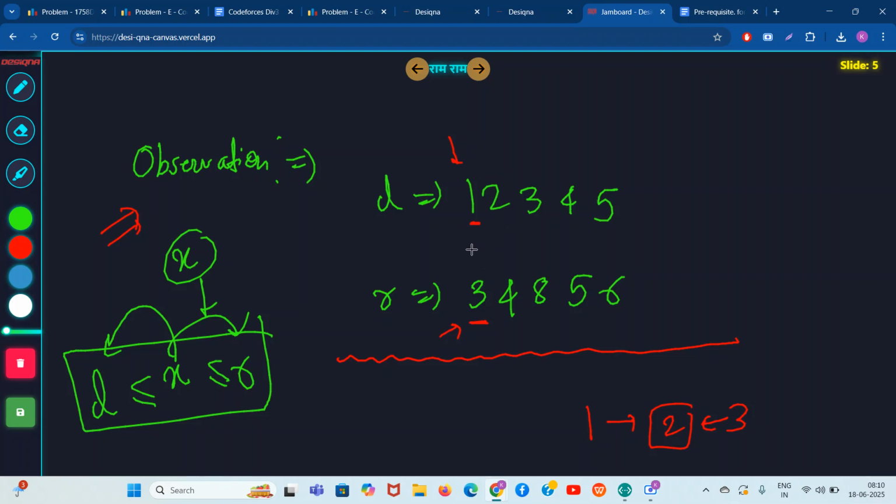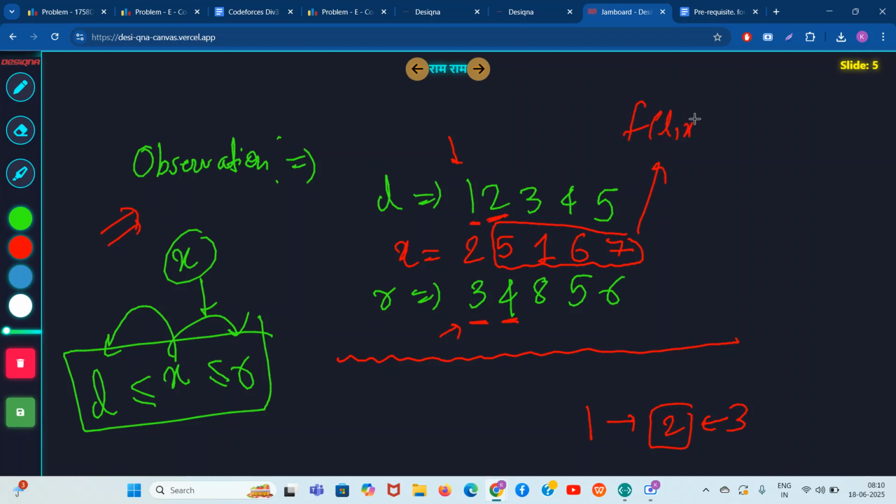So the first number I will write as 2, and for the rest I can write anything I want, just making sure it does not match. Any number which does not match 2 and 4: 5. Any number which does not match 3 and 8: 1. Any number which does not match 4 and 5: 6. Any number which does not match 5 and 6: 7. Done. Problem solved.